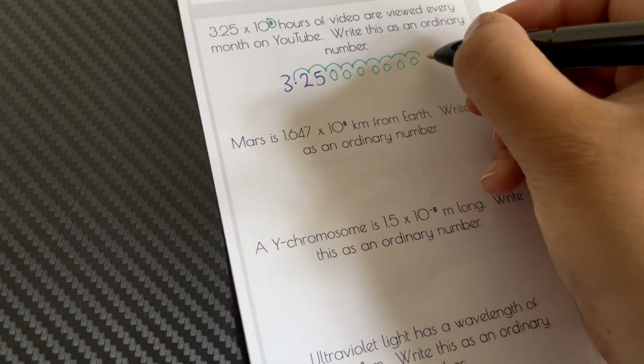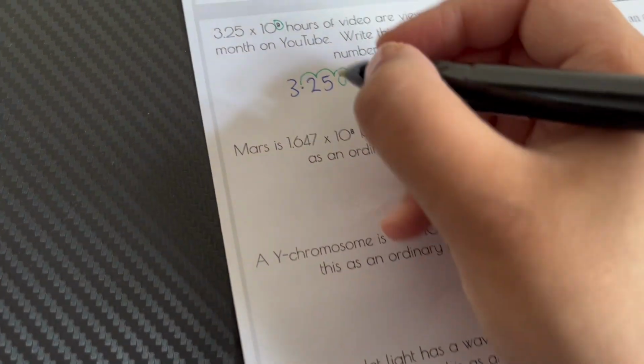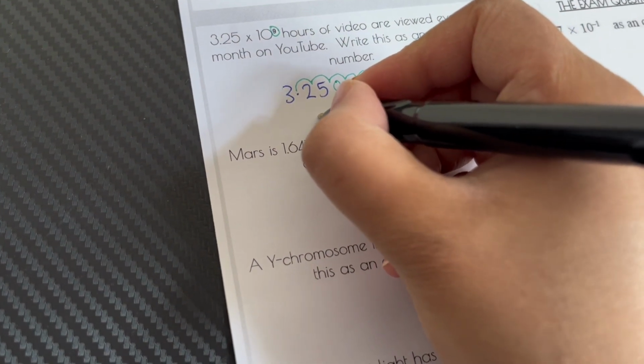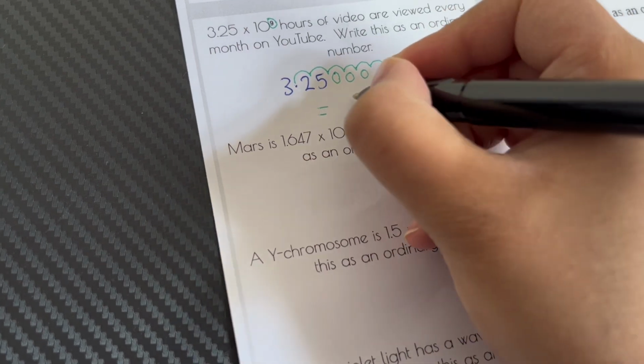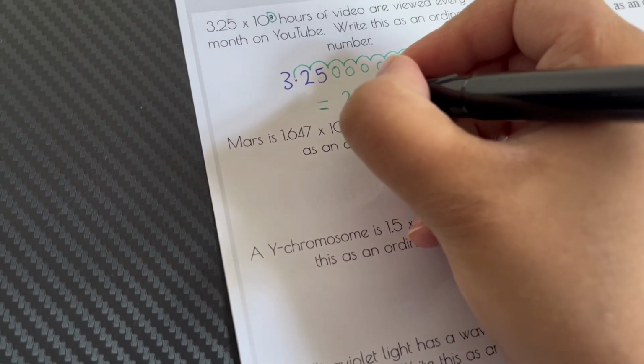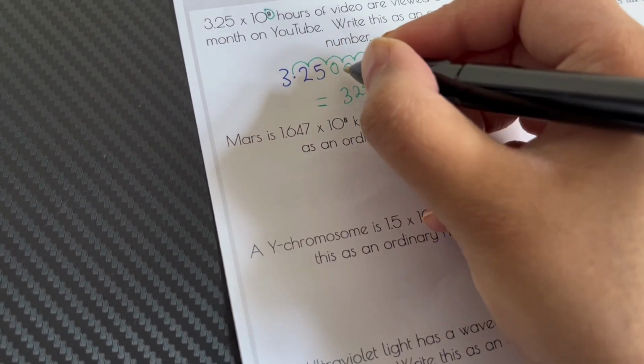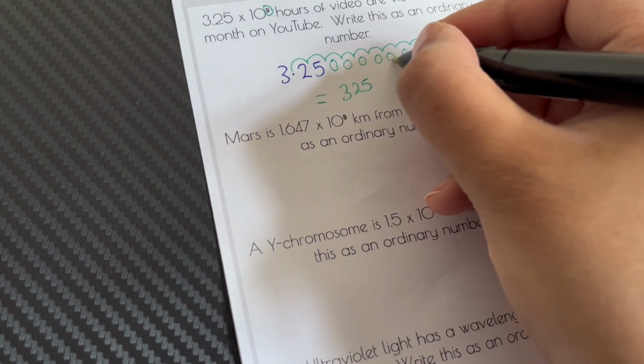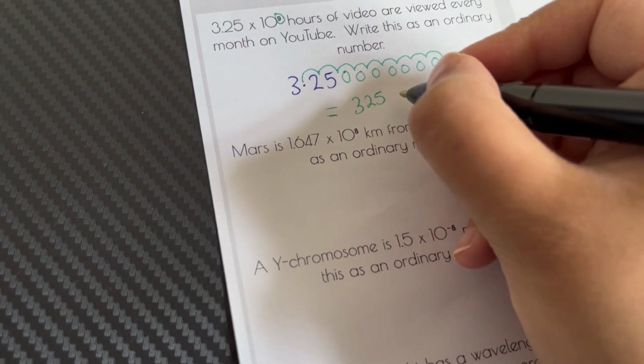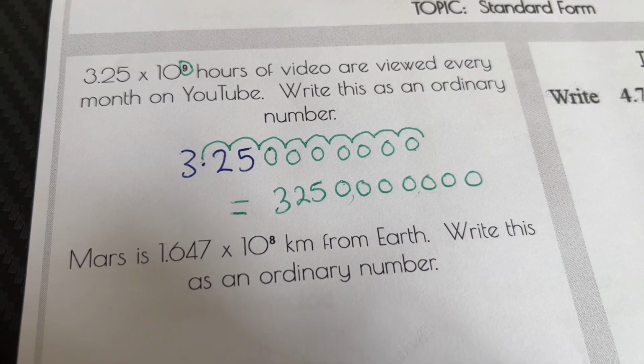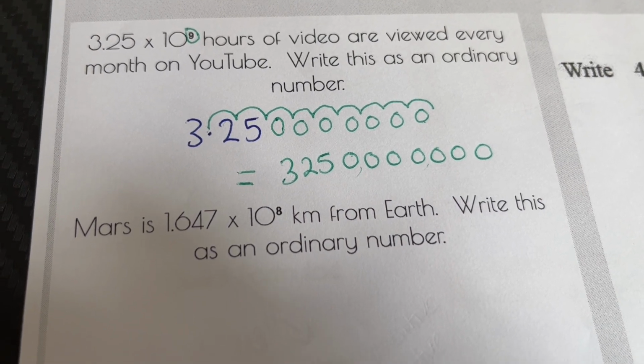Okay, and now we'll finally rewrite this, but without our decimal point there. So it should equal 325, and then we've got our 1, 2, 3, 4, 5, 6, 7 zeros. Okay, so this is what our answer should be looking like.